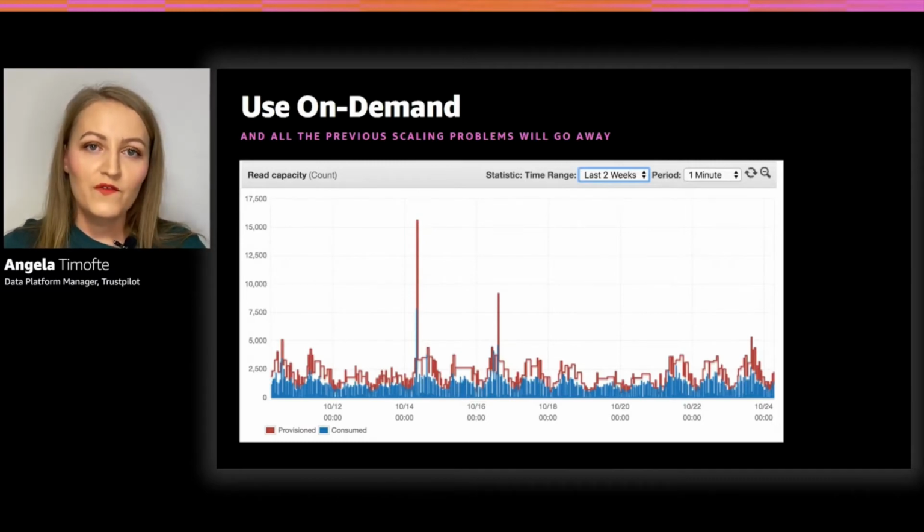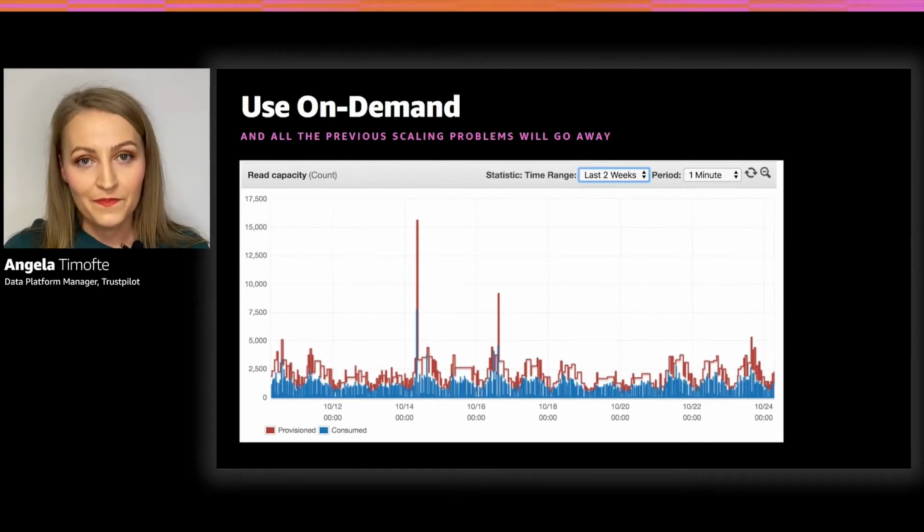But after we noticed so many cases like the ones I mentioned previously, we decided to run a test. And guess what? The opposite was the reality. Since then, by default at Trustpilot, we create DynamoDB tables with on-demand scaling.